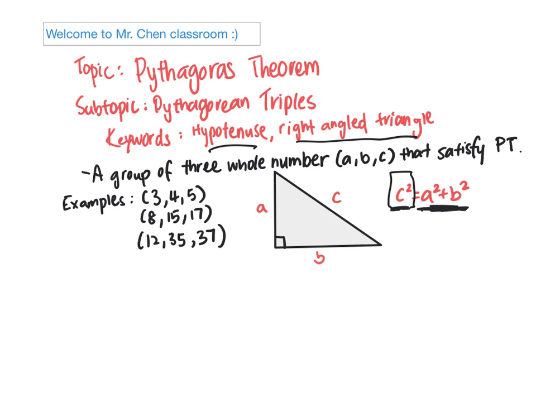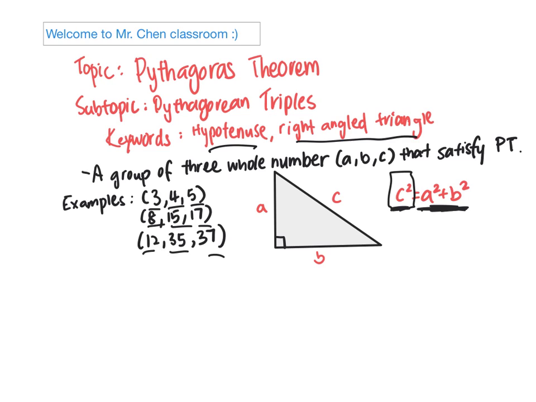So these three numbers here, if you can see, there are three sets of triples, and these are your Pythagorean triples. That means these three numbers will make up a right angle triangle and satisfy Pythagoras theorem with no problems.